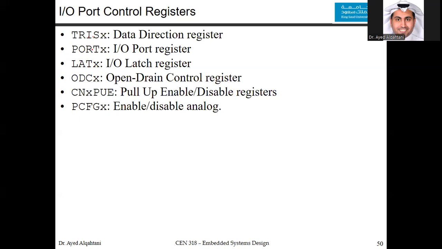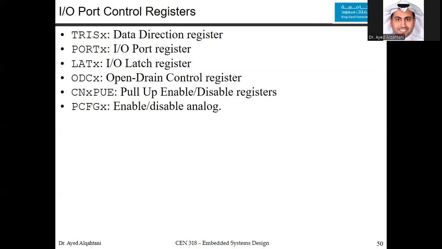So we know for each one of them, you can go individually to every bit and program it in the C code, or you can group, you can program the whole port, whether it's A or B. But for the ODC and the change notification pull-up and the ANSEL, we've seen how to program an individual bit of them. But how about if you want to program the whole port?